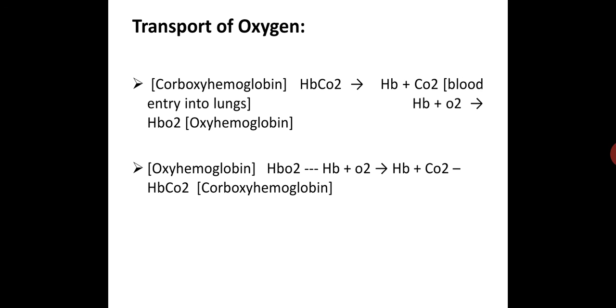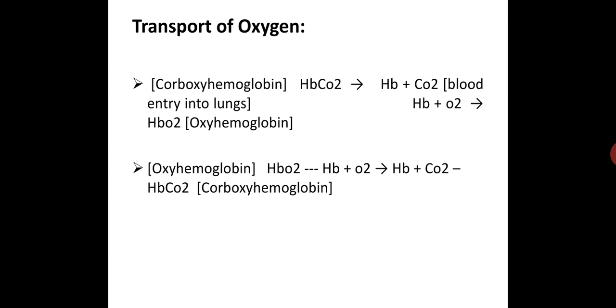In humans, the average hemoglobin concentration is 14 to 16 gram per 100 ml, and the purpose of hemoglobin is to pick up the oxygen in the lungs and deliver it to the tissues.